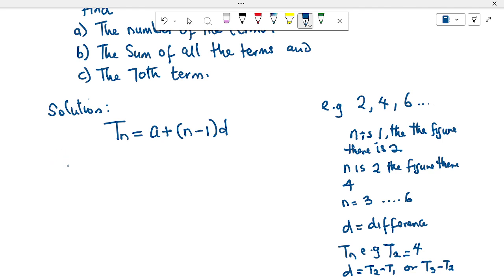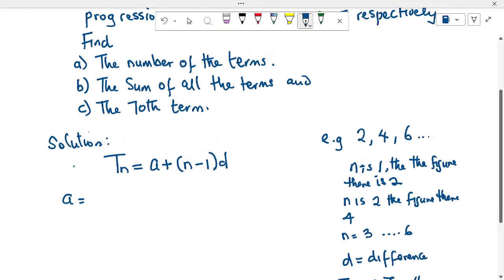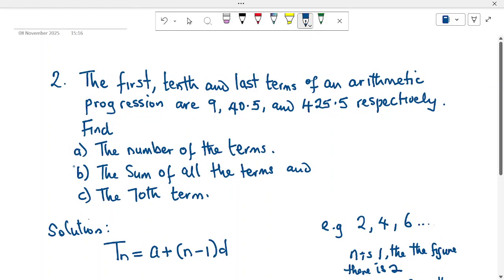In the question, we have our A. Who can tell me what our A is? Go back to the question. It says the first, 10th, and last terms of an arithmetic progression are 9, 40.5, and 425.5 respectively.